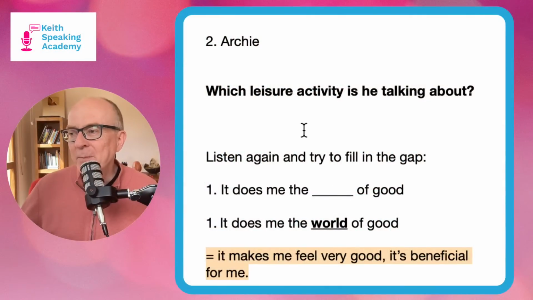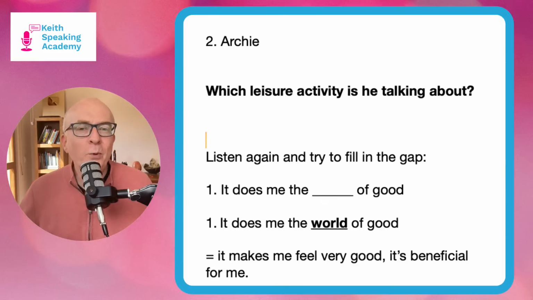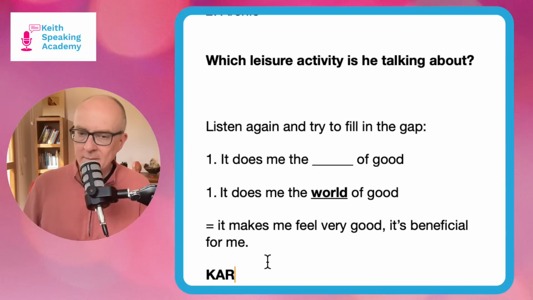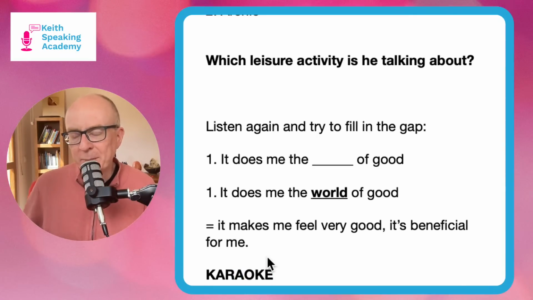So that was Archie. The activity Archie was talking about. Yes, just checking in with you. Right. It's a mixture, but the answer was actually karaoke. I'm trying to spell it right because it's a Japanese word, right?